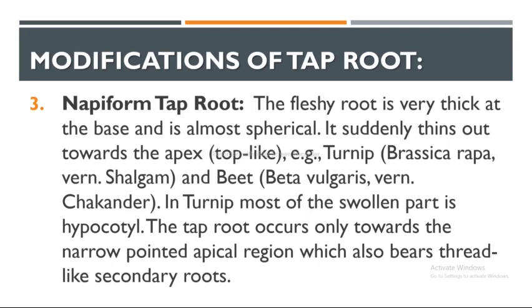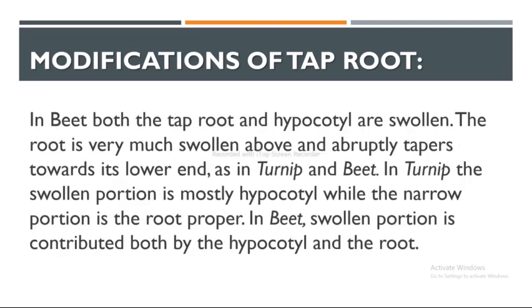And beet, which is also known as Beta vulgaris. Vernacular name is chukandar. In turnip, most of the swollen part is hypocotyl. The taproot occurs only towards the narrow pointed apical region, which also bears the thread-like secondary roots. In beet, both the taproot and hypocotyl are swollen.